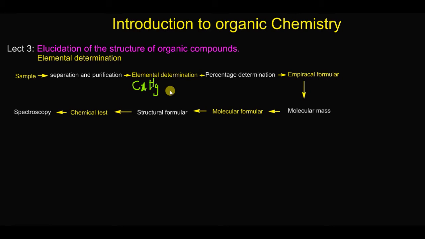So anytime you are looking for organic compounds, please look at these elements. They are always inside. Now, what procedure, what kind of test do we perform to identify that there is carbon in the sample?